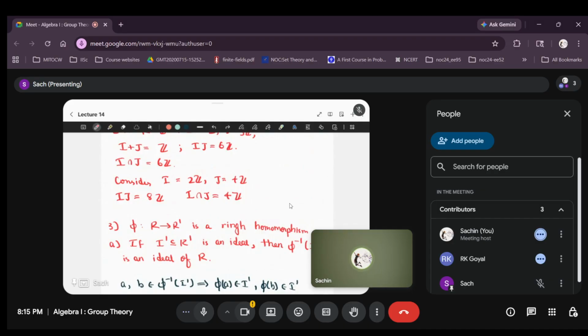For example, the ideal generated by a is the set of all elements ra where r is in R. This could also be written as a times r, because ra and ar are the same for us, since multiplication is commutative. But if it is not commutative, then these two are not equal.